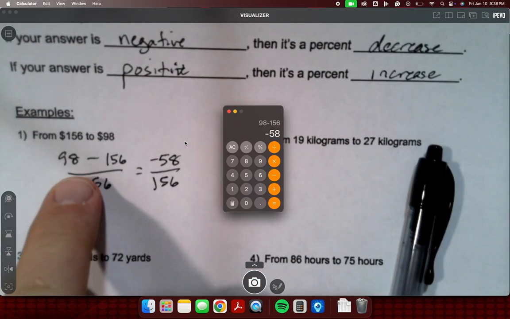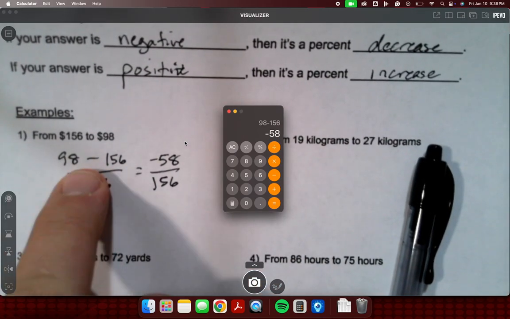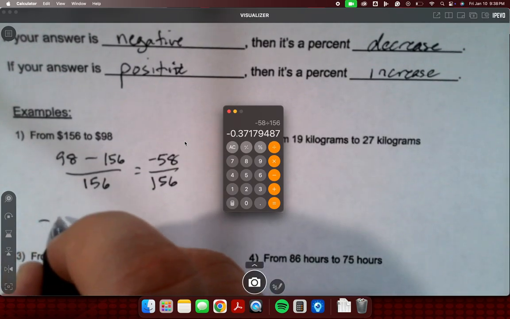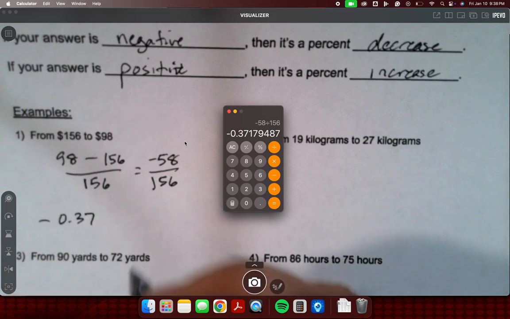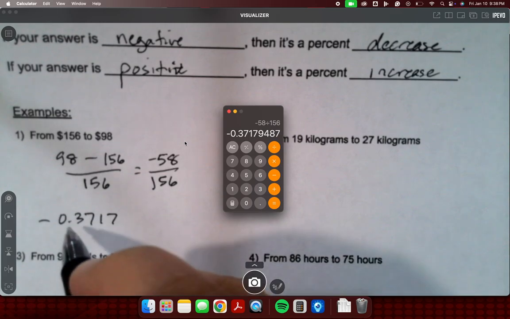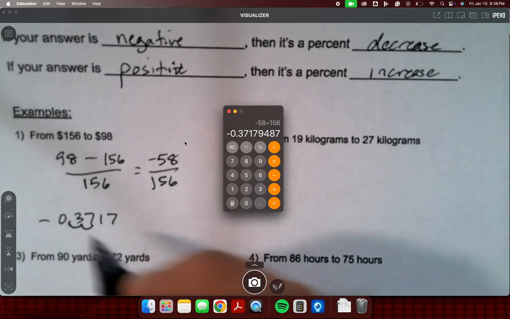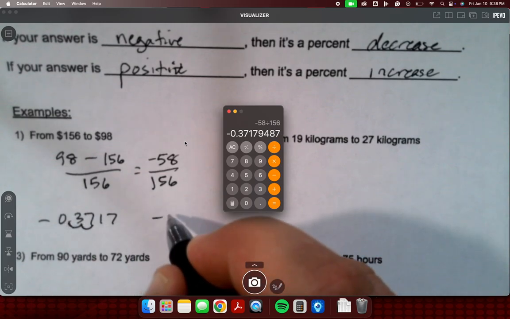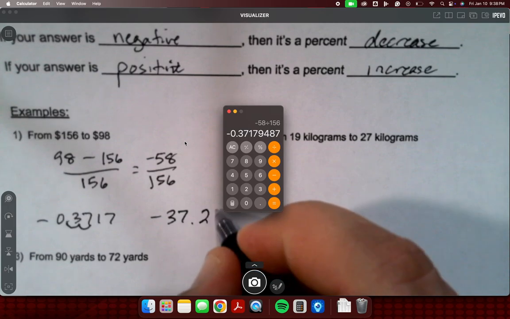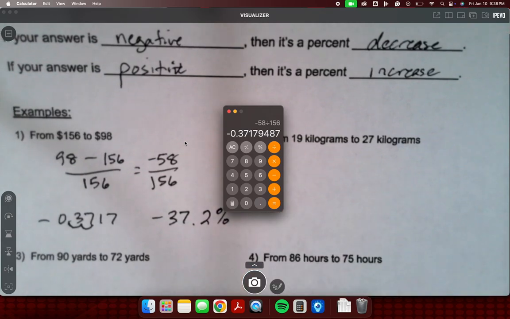So now that we've done the top, we've simplified the numerator, we can divide by 156, and we get negative 0.3717. So we need to move this decimal place over twice. So we get negative 37 point, and we'll round to the nearest tenth. So this 7 moves the 1 up to 2, and we say a negative 37.2%.